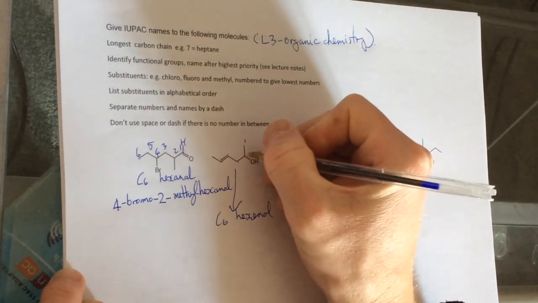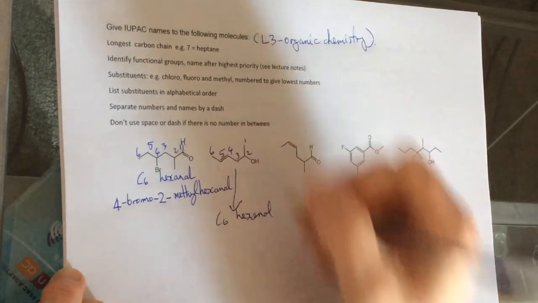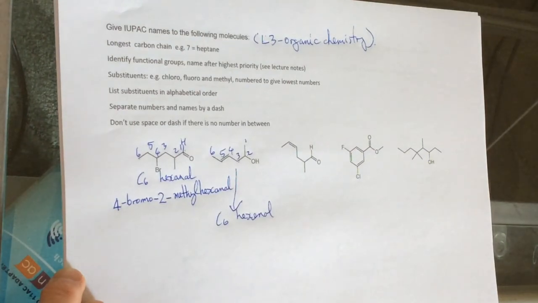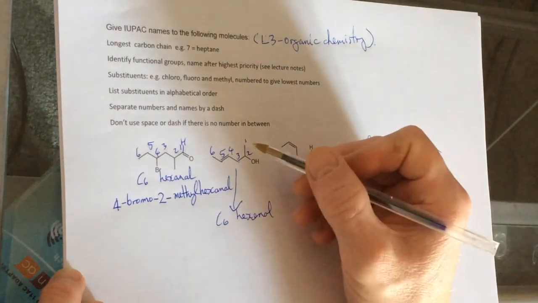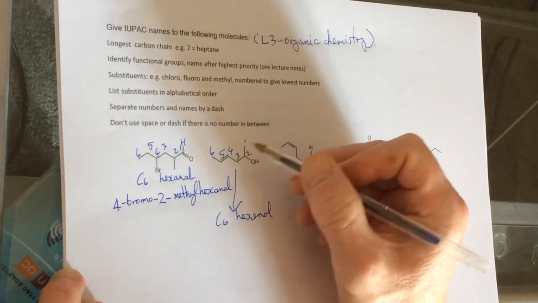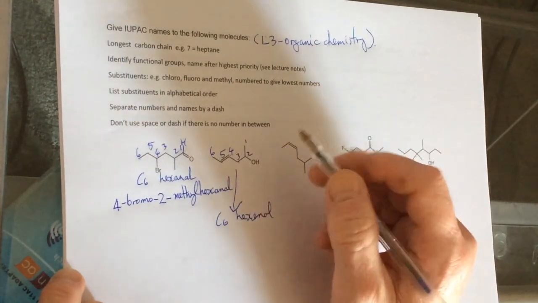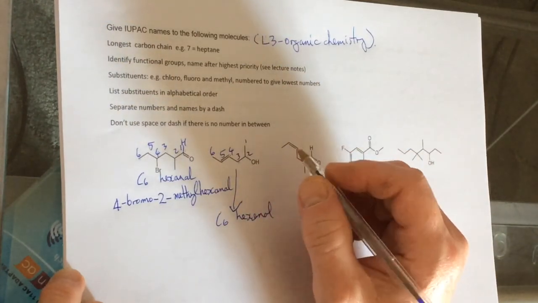So we've got 1, 2, 3, 4, 5, 6. So we've got a methyl, the alcohol is in the 2 position, and the alkene is in the 4 position, and we haven't actually got any substituents attached to that.